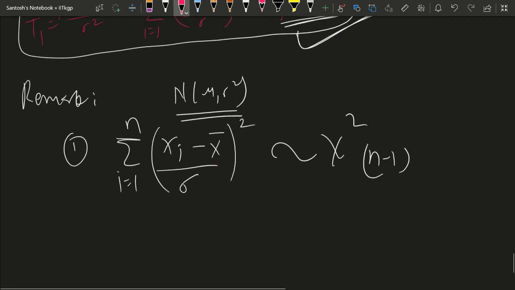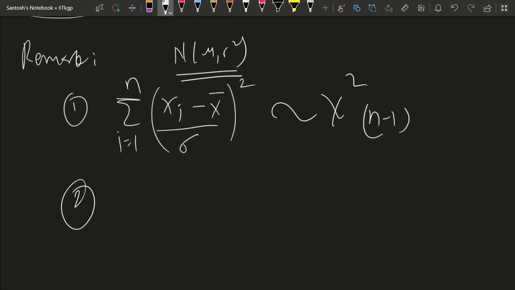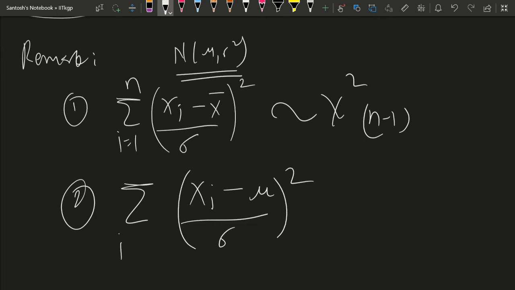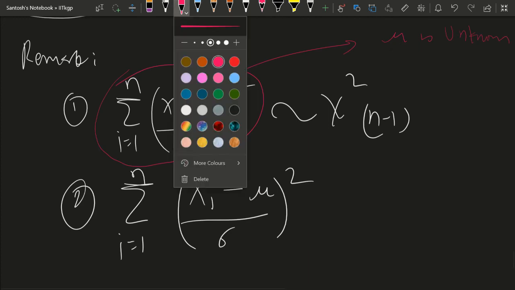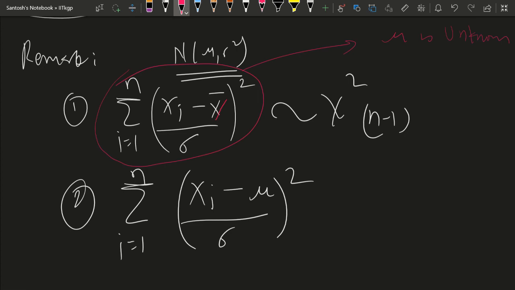But what if we write, as the second point, xi minus mu upon sigma whole square, i from 1 to n? Here in the earlier quantity mu is unknown, so we used x bar.